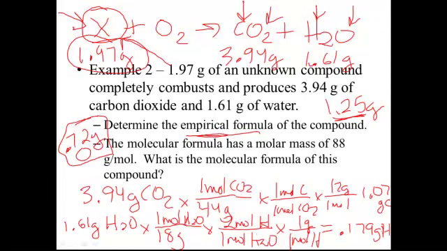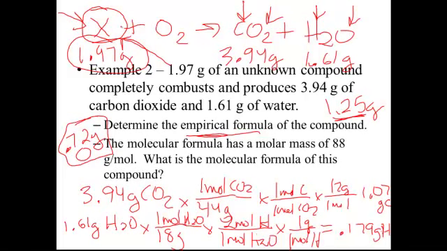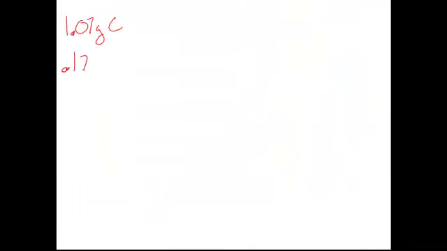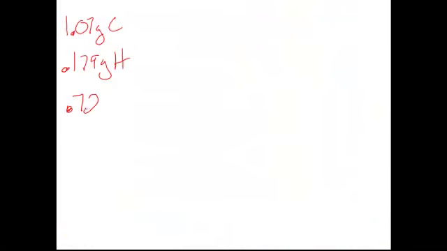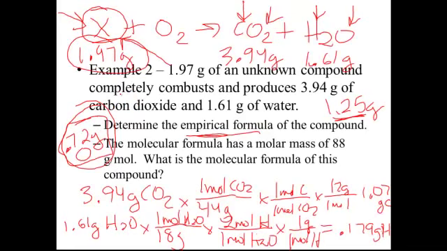So we're going to take 1.07 grams of carbon, 0.179 grams of hydrogen, and our oxygen, 0.72 grams of oxygen, and now we're going to try to figure out the empirical formula based on that information.